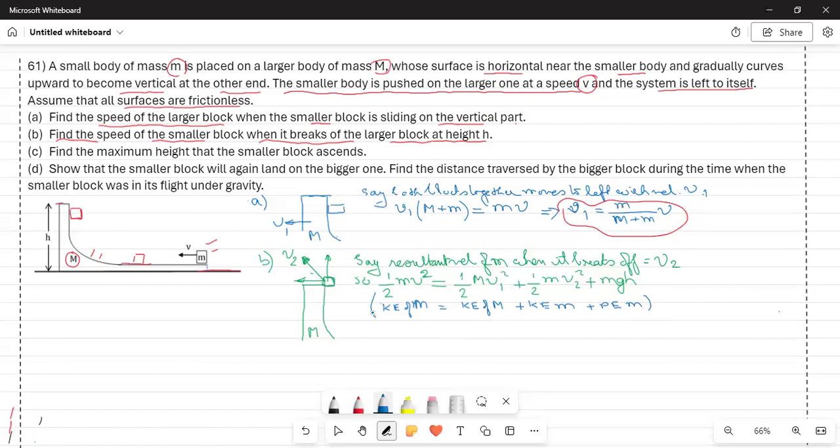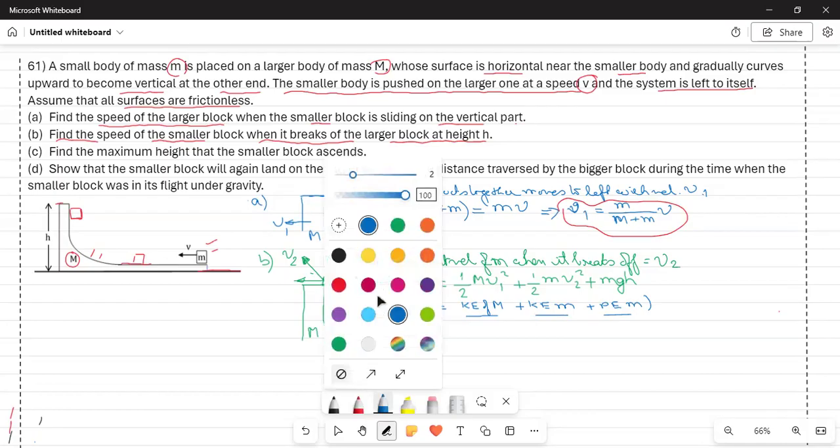I think you will agree with me. This is the potential energy of the smaller block, this is the kinetic energy of the smaller block, and this is the kinetic energy of the larger block when the break-off occurs. The source of all these energies is the original kinetic energy of the smaller block.